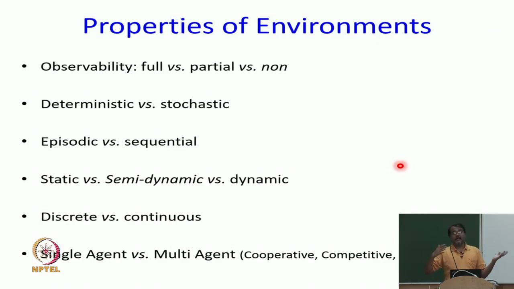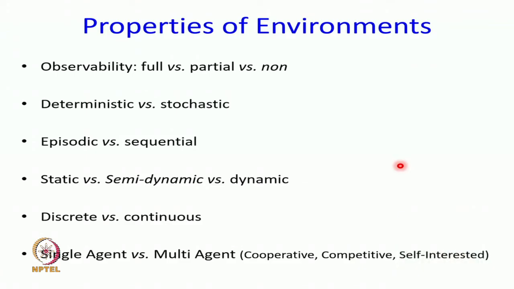Of course, the environment is discrete or continuous, right, whether it has continuous variables or it only has discrete variables. And if it has both, they are also called mixed discrete continuous or hybrid environments. And last but not the least, is there only one agent or are there many agents?